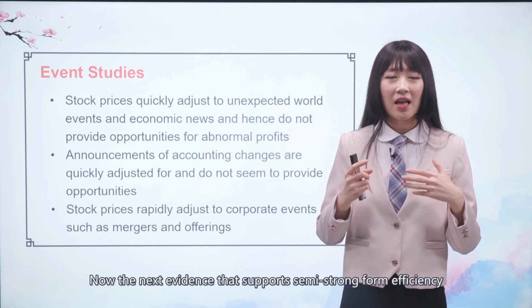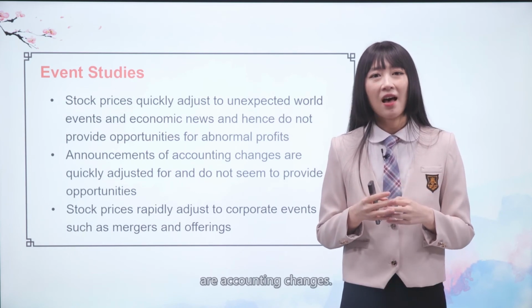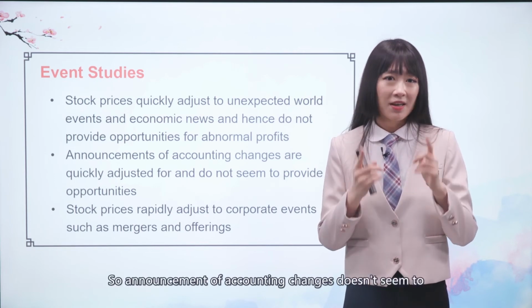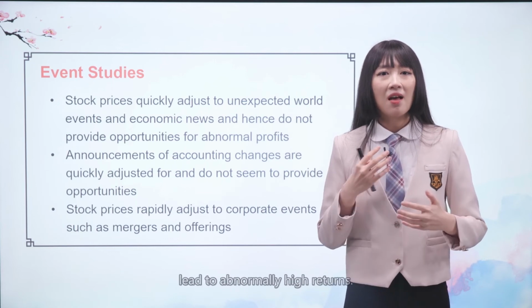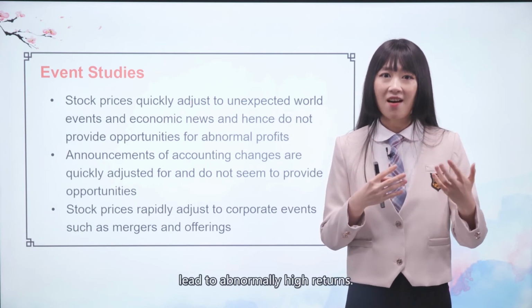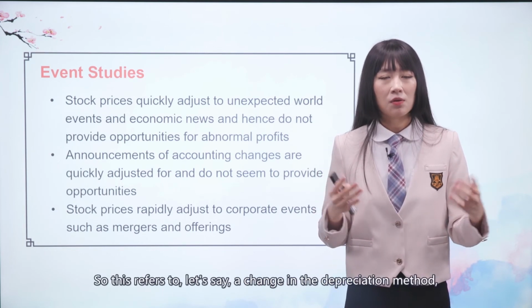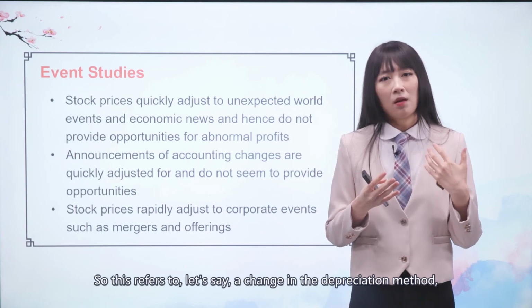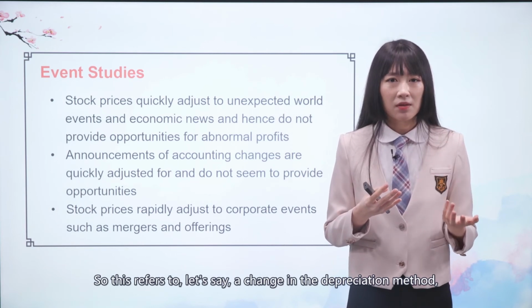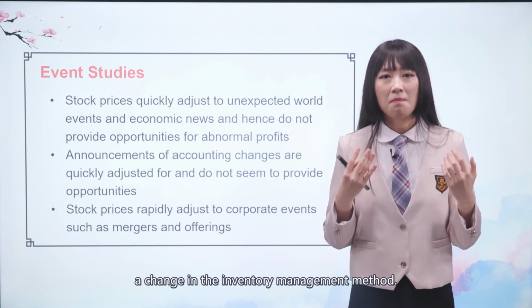Now, the next evidence that supports semi-strong form efficiency are accounting changes. So announcement of accounting changes doesn't seem to lead to abnormally high returns. So what are accounting changes? This refers to a change in the depreciation method, a change in the inventory management method.